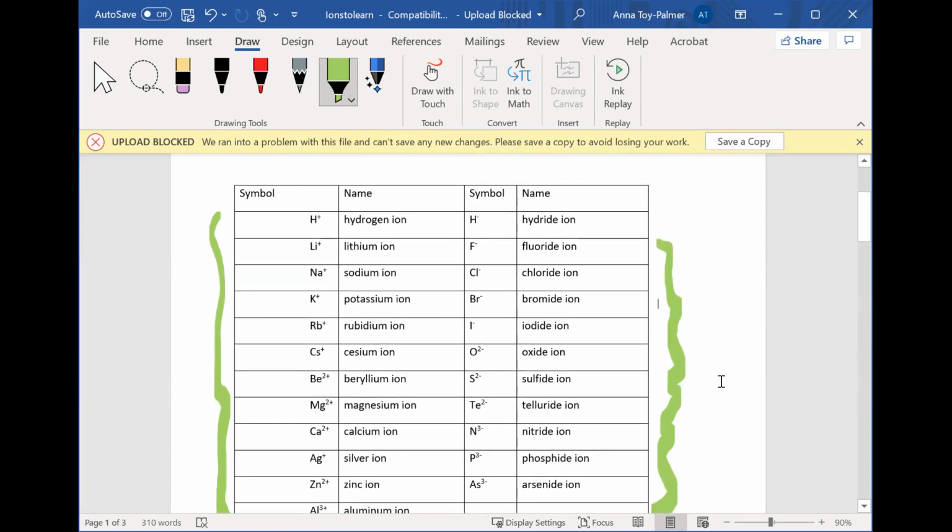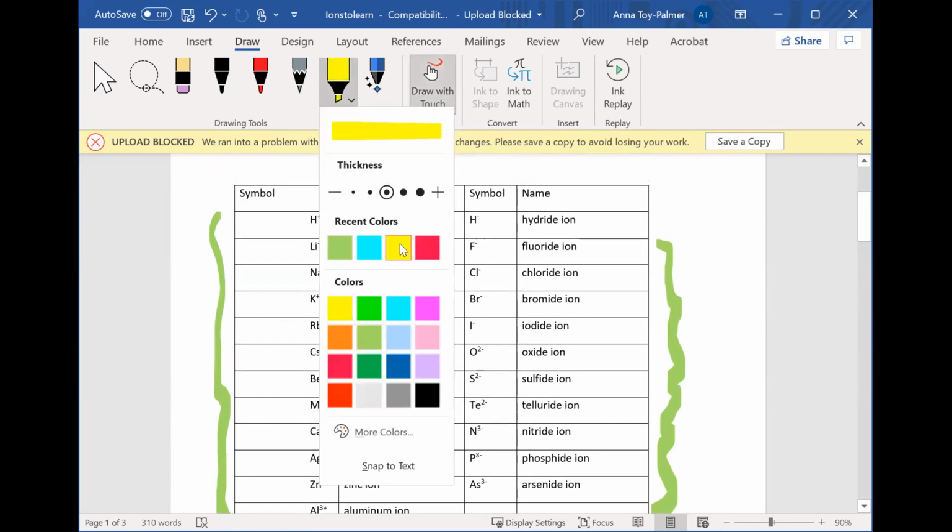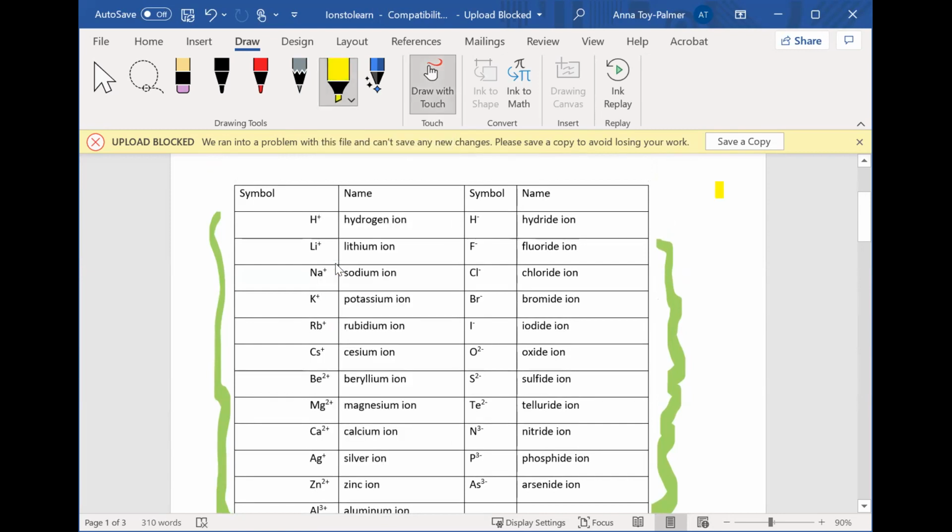Now, the one thing though, notice for hydrogen, remember we always talk about how hydrogen is pretty unique. So hydrogen ion, see that naming? It's the name of my element, and then I add ion to the end. That means it's a positive charge, so it's H+. If I end in "ide," that means it's an anion. So hydrogen ion is H+, hydride ion is H-.